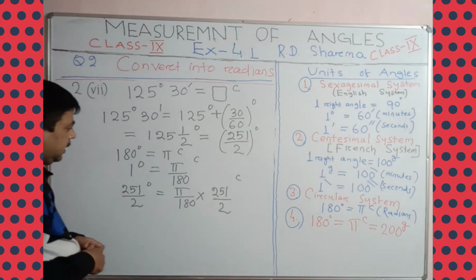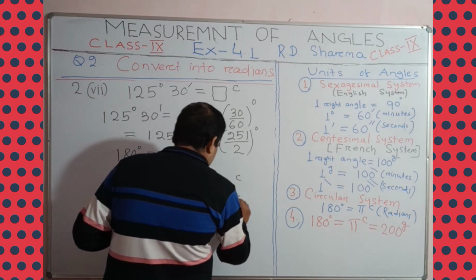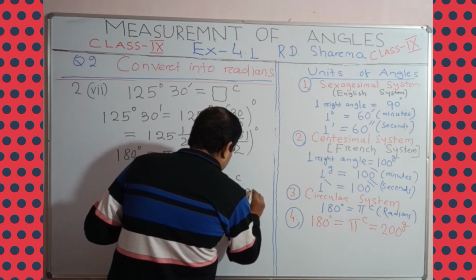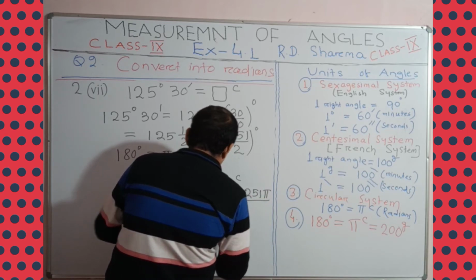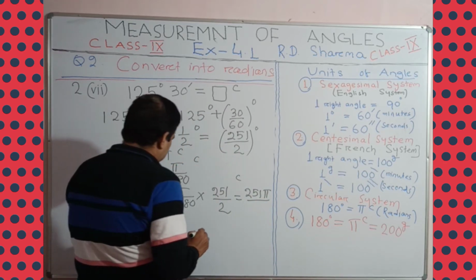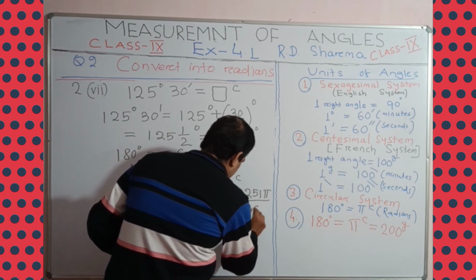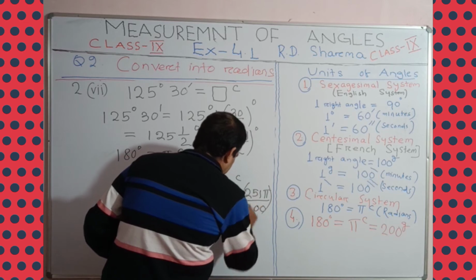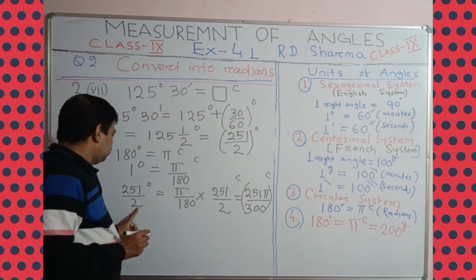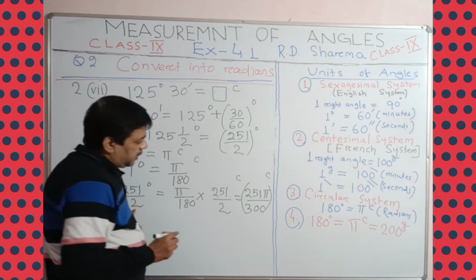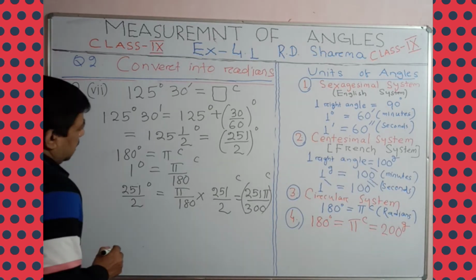So the answer will be 251 into pi, which is 251 pi, by 180 multiplied by 2, so 360 radian. Hence we got 251 upon 2 degree is equal to 251 pi upon 360 radian.